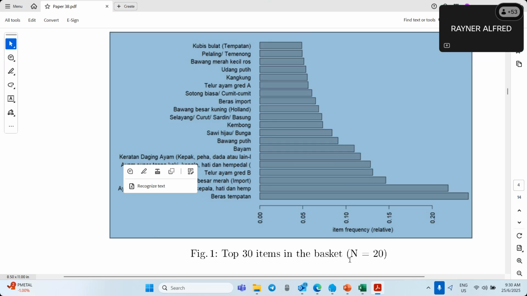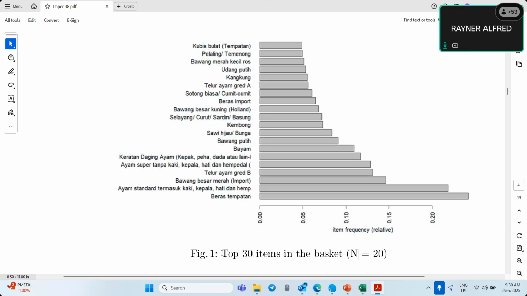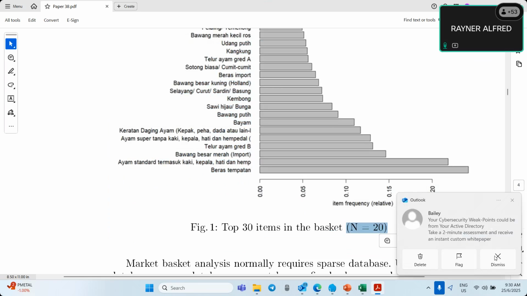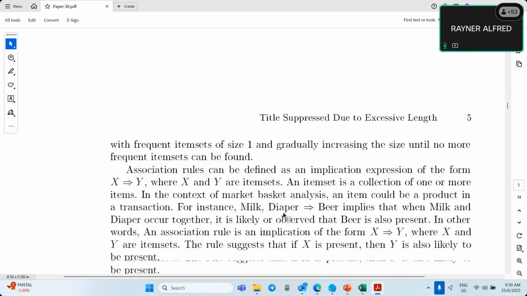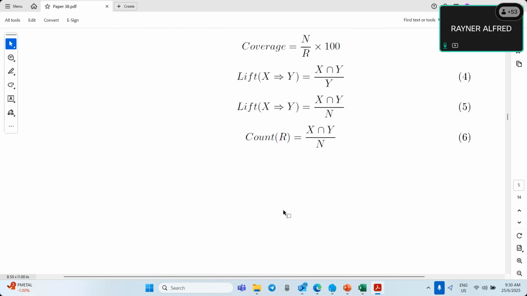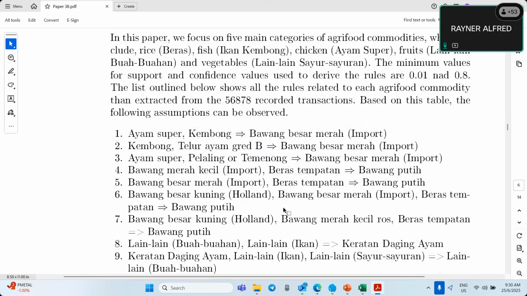We take the top 30 items in the basket, of the number of transactions that we have. We use all of this, and these are the rules that we have. Whenever we buy Ayam Super, which is one of the gradings, and Kembong, we also buy Bawang Besar Merah.